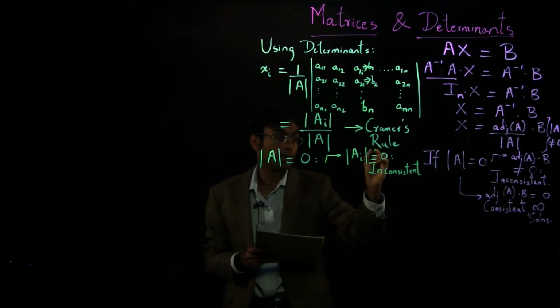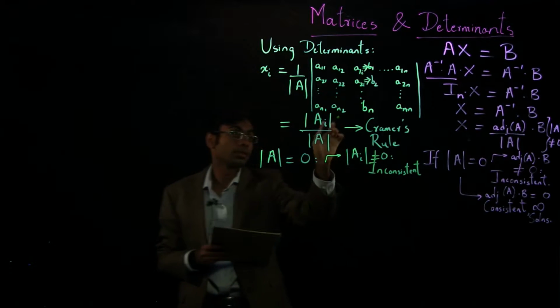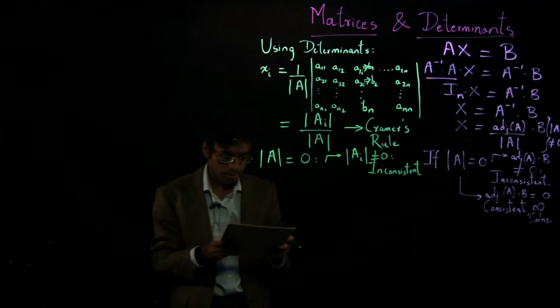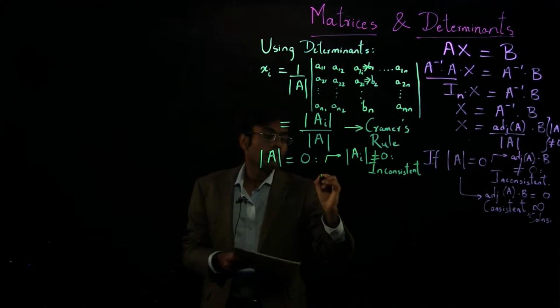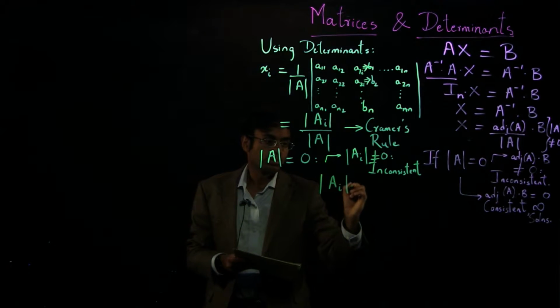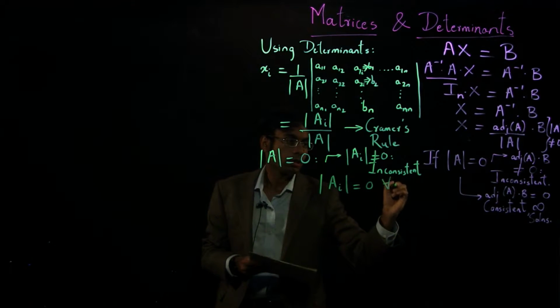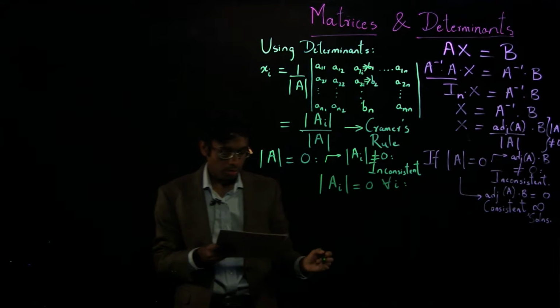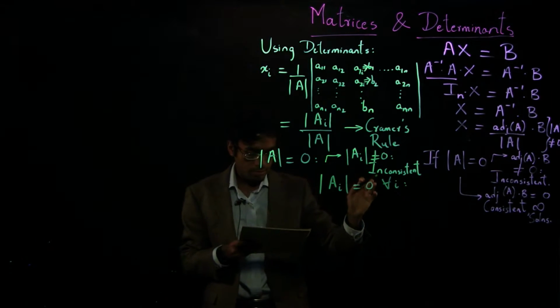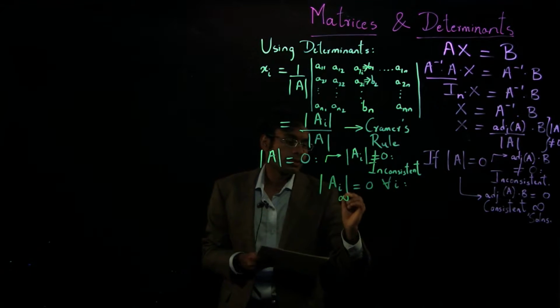I'm sorry, if any of the determinants in the numerator is non-zero, it is an inconsistent set of equations, there is no solution. If all delta i's are 0 for all i, the system is consistent and it has infinite solutions.